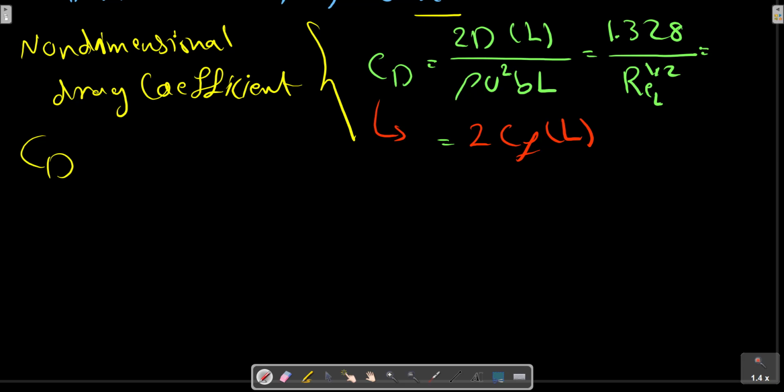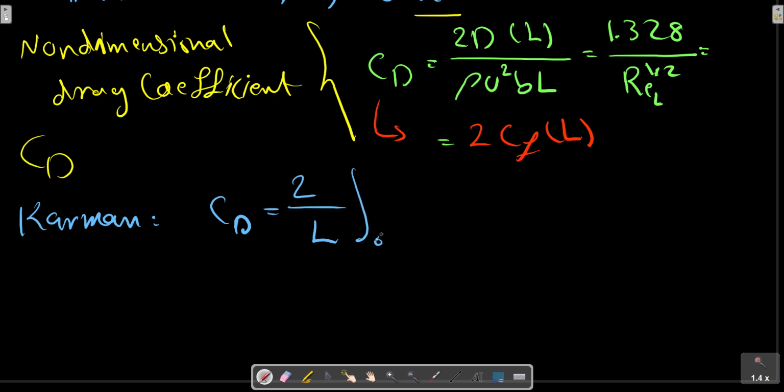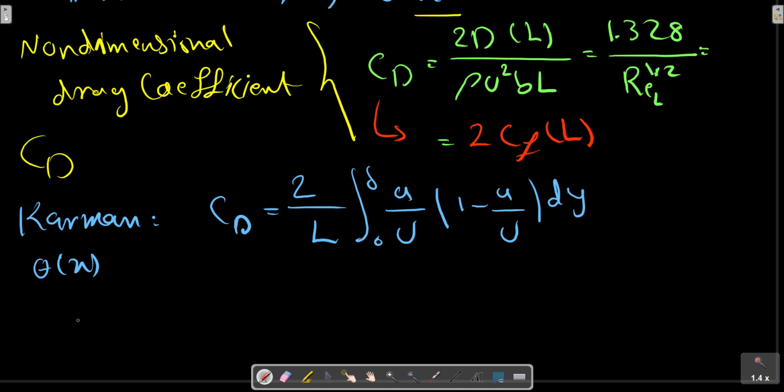Karman pointed out that the drag could also be computed from the momentum relation as stated before, in dimensionless form, and we can calculate from Karman CD, which from the previous definition can be written with the momentum thickness, which was theta x or theta delta.